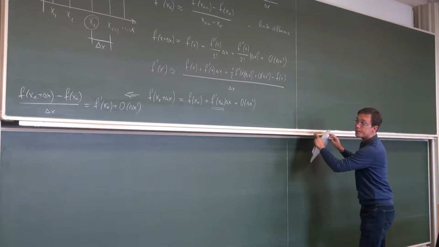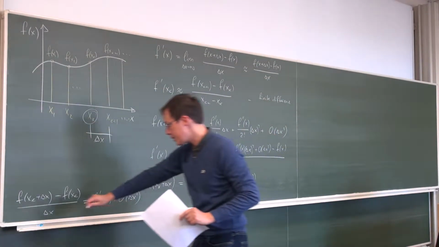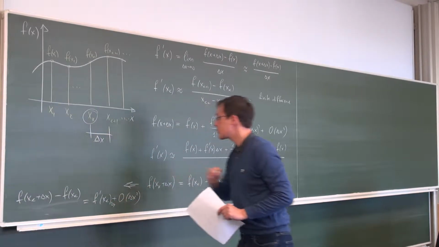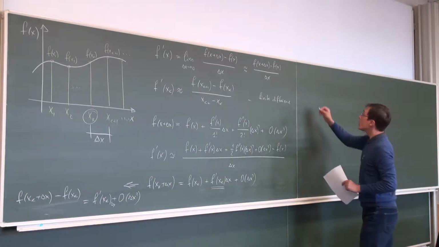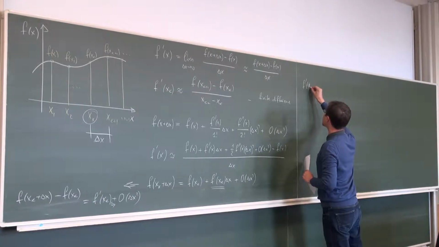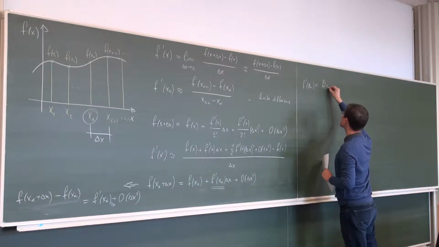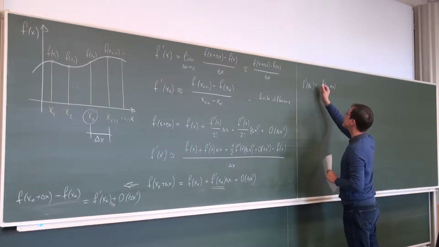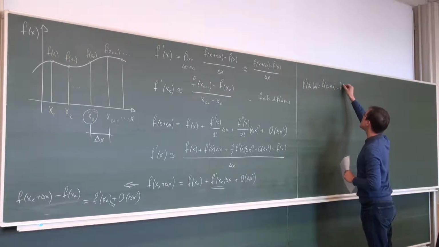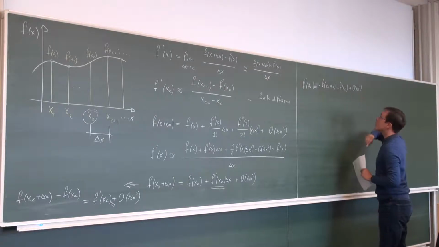So the final result, actually let me not divide by delta x first, because we'll have to discuss a little bit more. So our f prime of xk is f of xk plus delta x minus f of xk plus order of delta x squared.